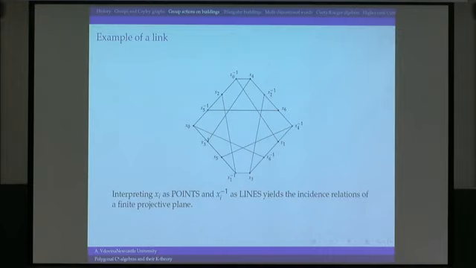You just can think that one type of vertices is points, another lines, and as soon as your point lies on a line, then there is an edge between those two vertices in the graph. And actually, this is another example of a one-dimensional building. It's a so-called one-dimensional spherical building.